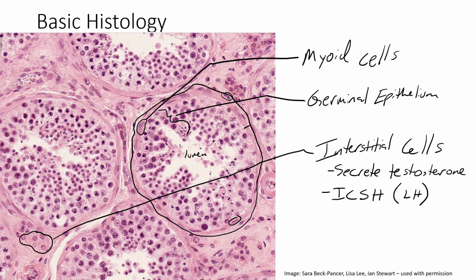The default body plan for humans is female. The male genital development will only occur if testosterone is present. And so if testosterone is not present, even if somebody has a Y chromosome, or if somebody doesn't have the testosterone receptor, then they won't develop male genitalia.